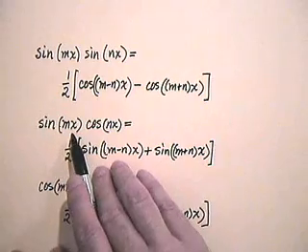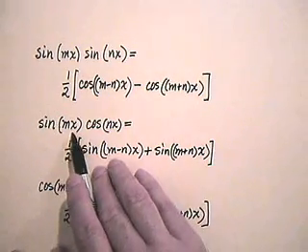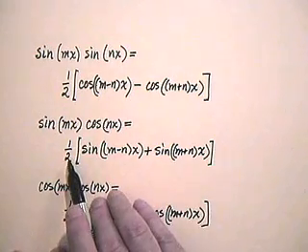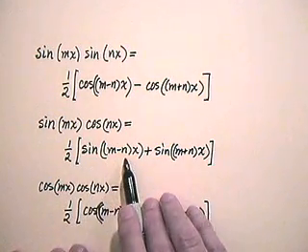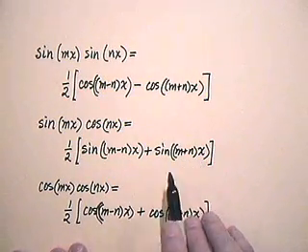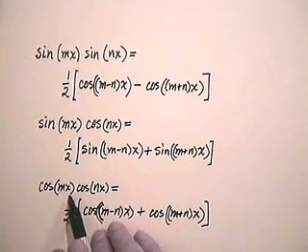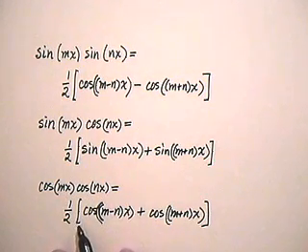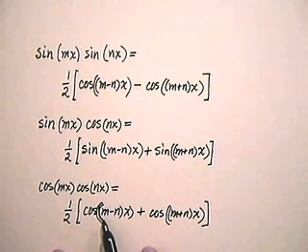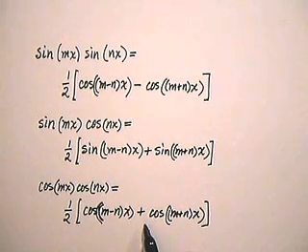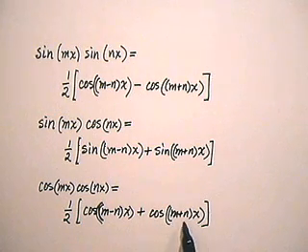If I have the sine of mx times the cosine of nx, that can be simplified as 1/2 the sine of m minus n times x plus the sine of m plus n times x. If I have the cosine of mx times the cosine of nx, that's 1/2 the quantity cosine of m minus n times x plus the cosine of the quantity m plus n times x.